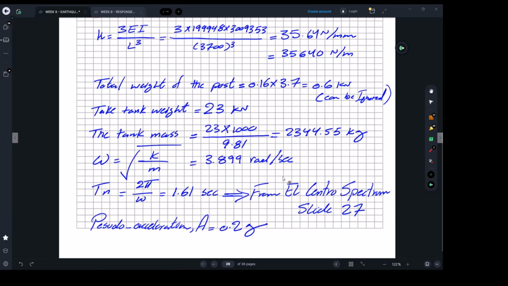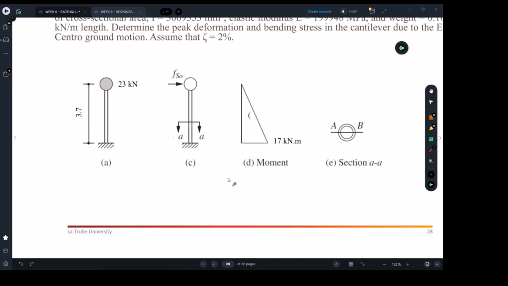Can people check it by looking at the graph? Yeah, so 1.61. You come here.